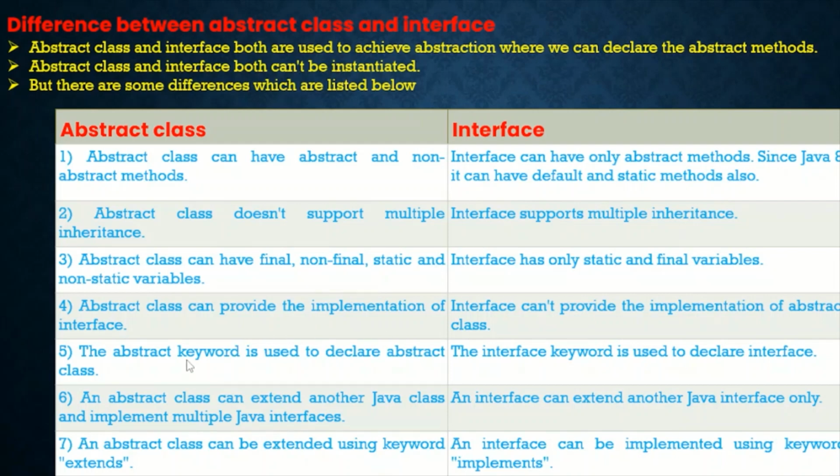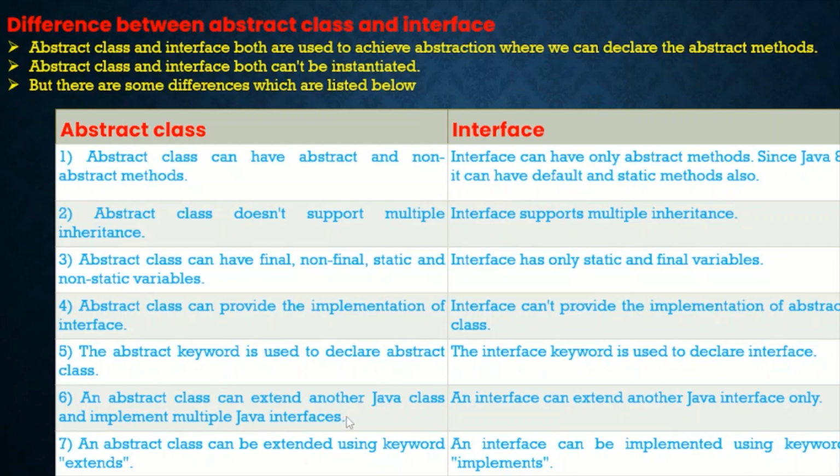The abstract keyword is used to declare an abstract class. I have already discussed this; to summarize, I have just kept this difference. The interface keyword is used to declare an interface. An abstract class can extend another Java class and implement multiple Java interfaces.